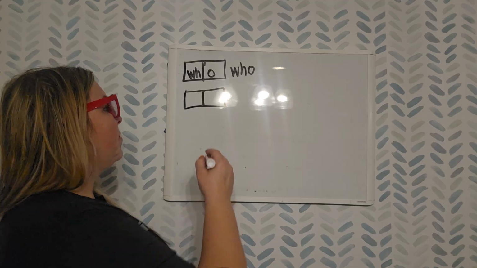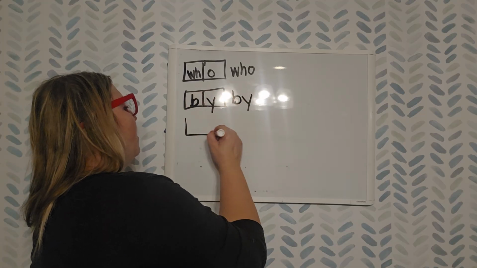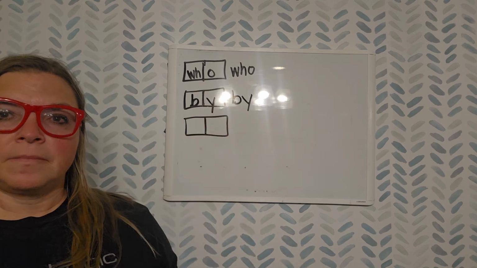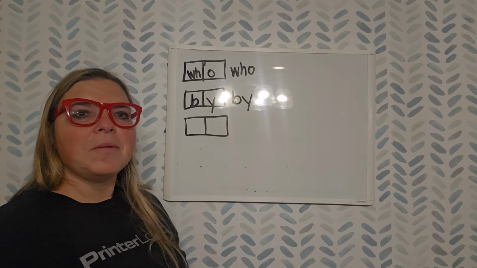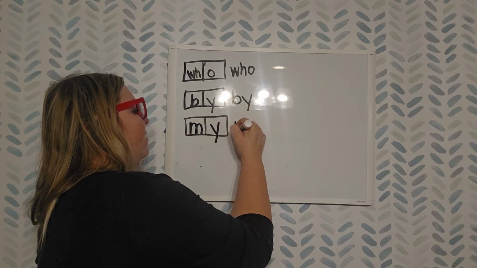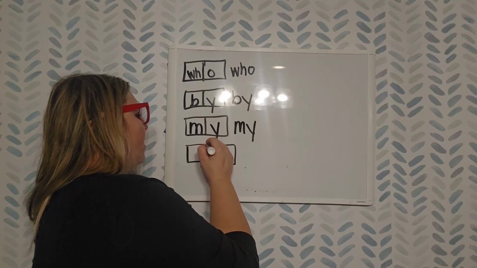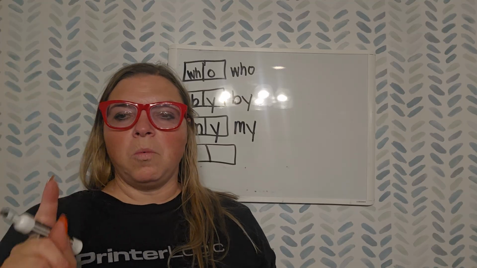By is spelled B-Y. By. Our next word is my. My is spelled M-Y. My. Our next word is one, as in the number one.